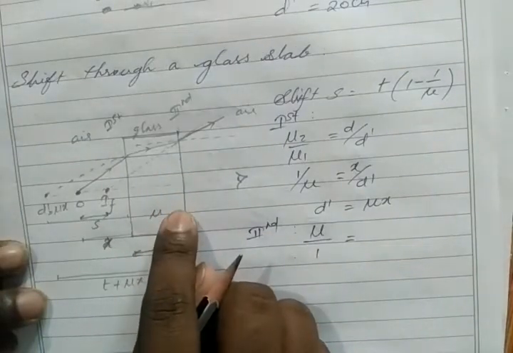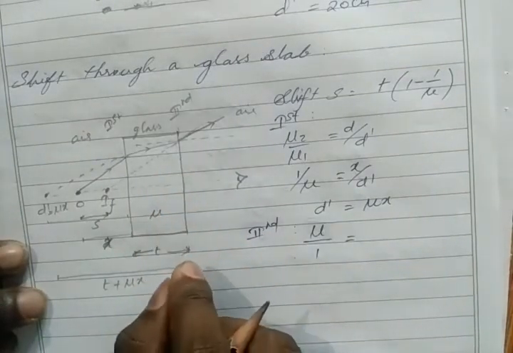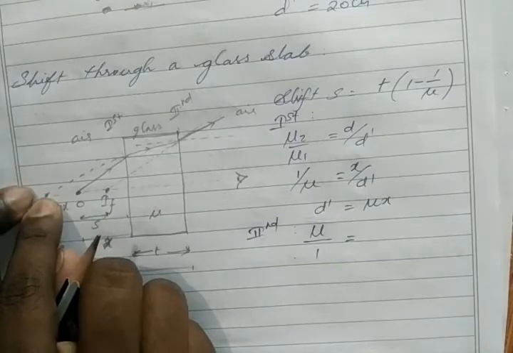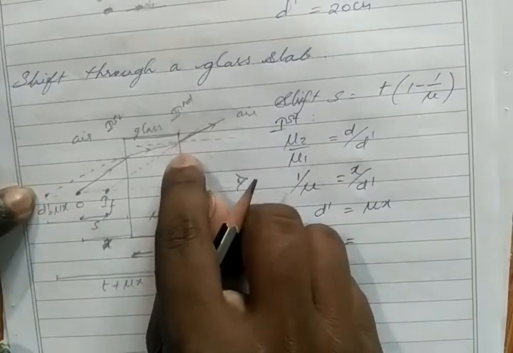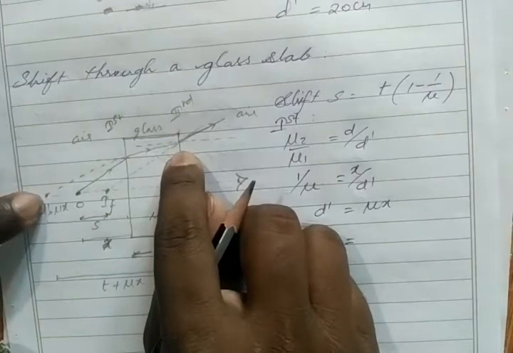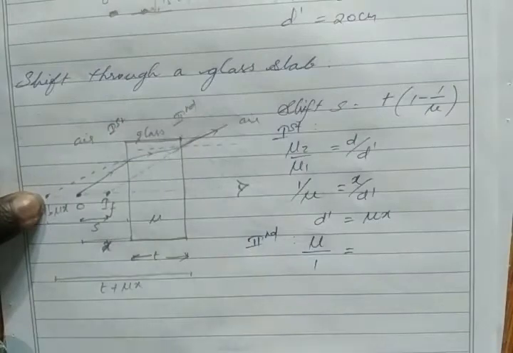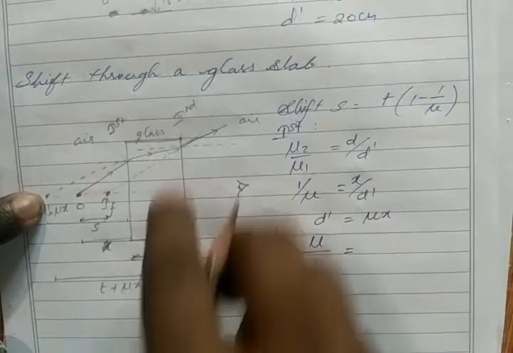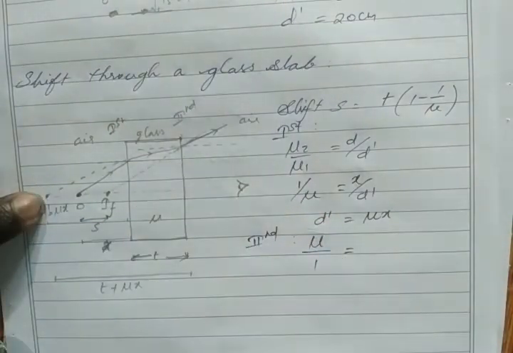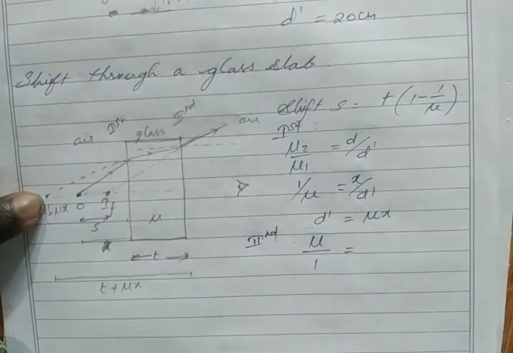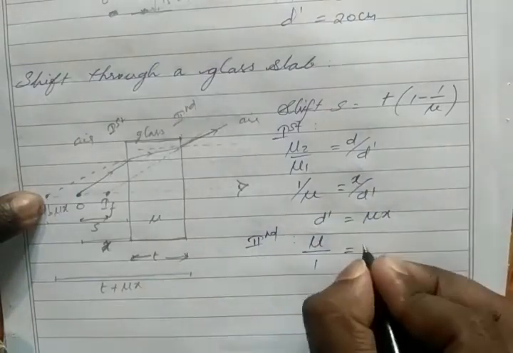As I said already, the image of the first interface behaves as the object of the second interface. So this is the object of this interface. That's why we take D, real depth. So our D value is t plus mu x.